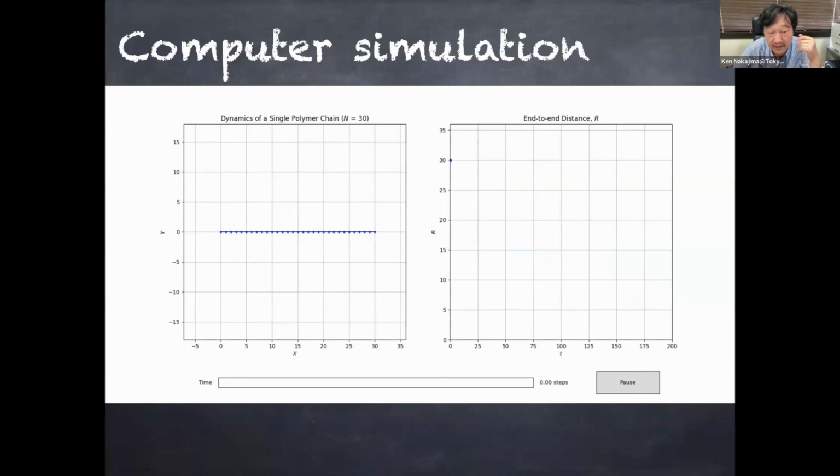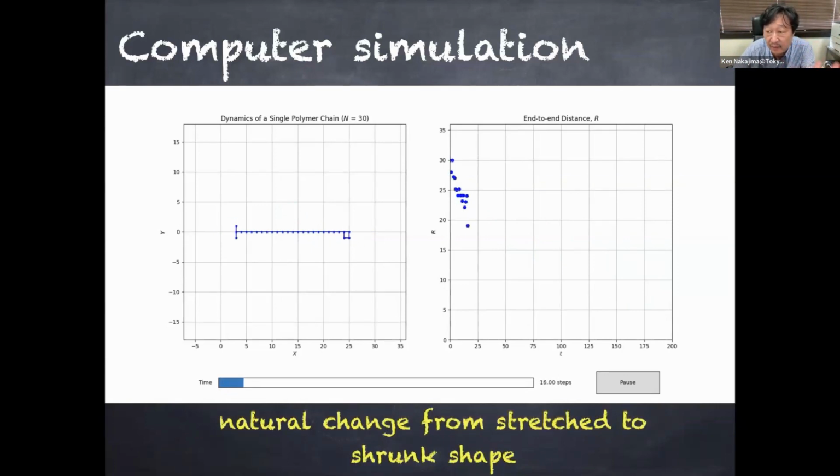Once again, look, at the beginning, only the two ends are moving. But as time goes on, all of the members can start to move. So once they get the freedom, the natural direction of a polymer chain is a shrunken form.